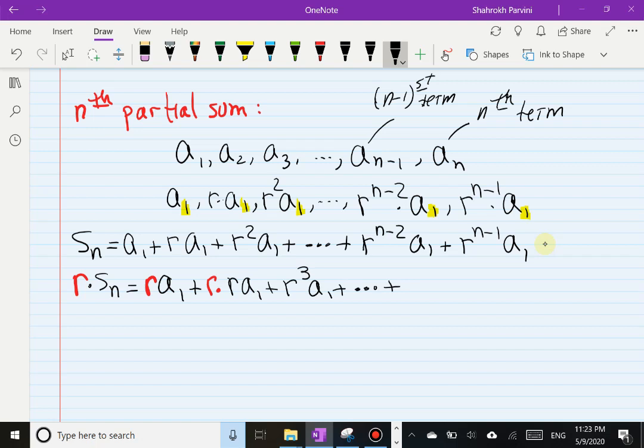Now r to the n minus 2 times r is going to be r to the n minus 1, because with a common base, we add the exponents and we get n minus 1. So that's how I got this last expression. Then a1 plus r times r to the n minus 1 is just r to the n a1.